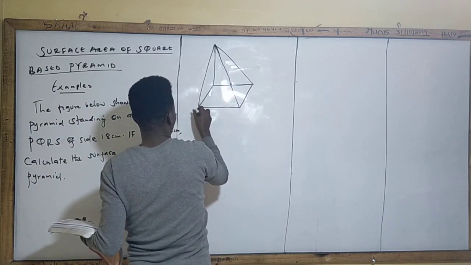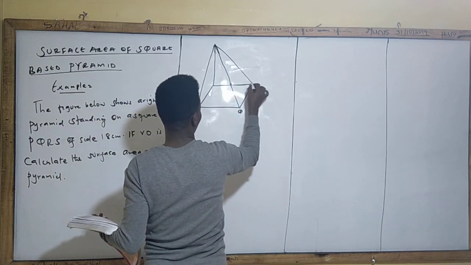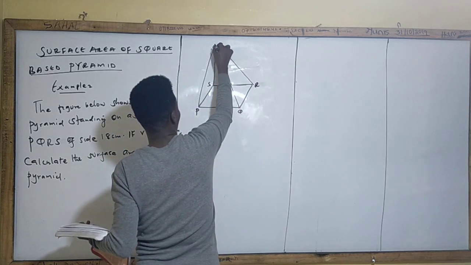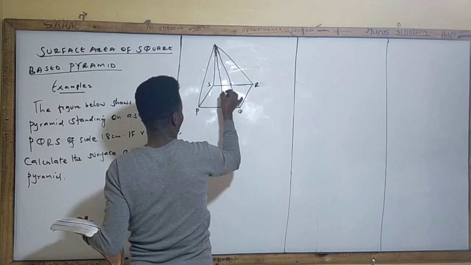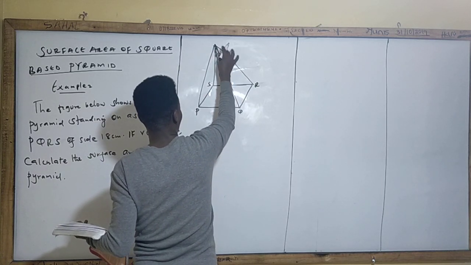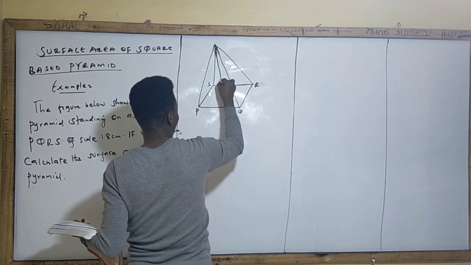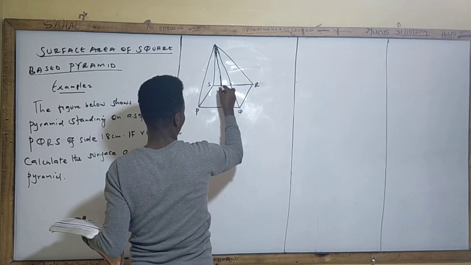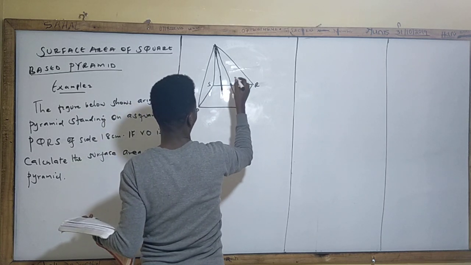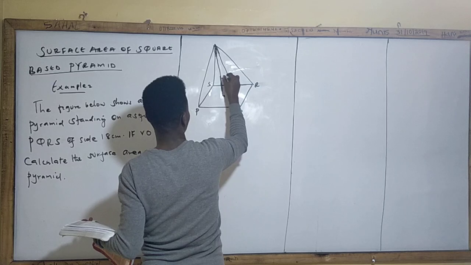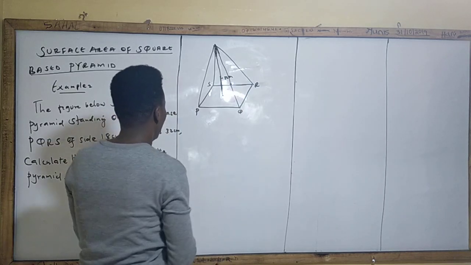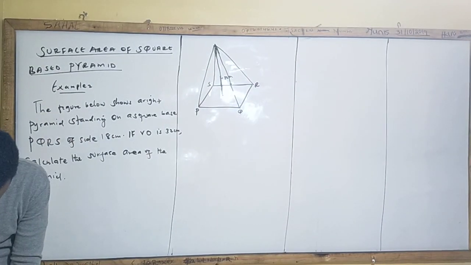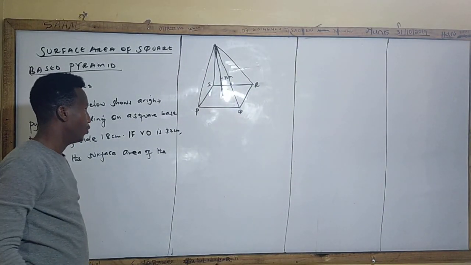Then they say that this is B, Q, R, S. Then they drop a line from here. So this is 32 here. Up to this point is 32 centimeters. Now guys, what are we going to do?